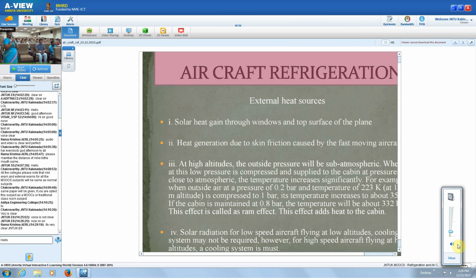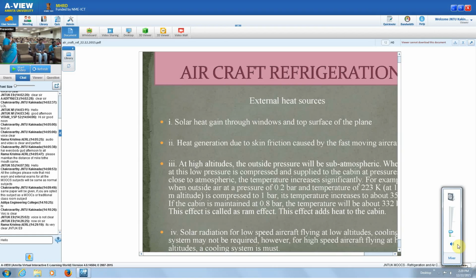Similarly, when the aircraft is moving at an atmosphere of 0.8 bar, the temperature will be 332 Kelvin. So around 50 degrees centigrade rise will be there.